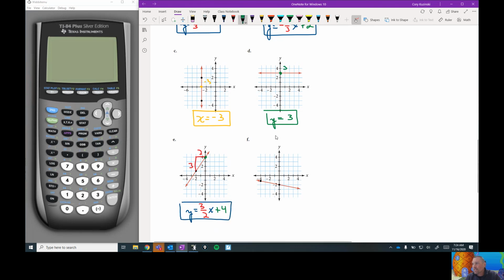Very repetitive here. Just got to identify the y-intercept, in this case -2. And the slope looks like it goes down 1 before it goes right 4. So our equation then is y equals -1/4 times x minus 2.